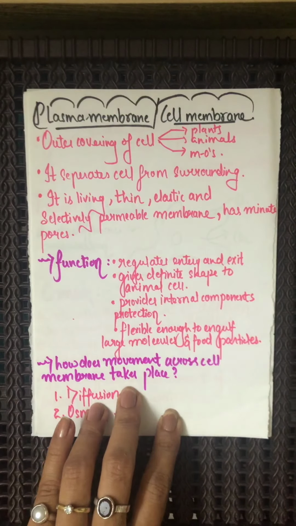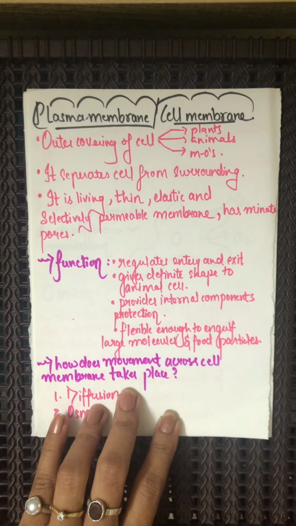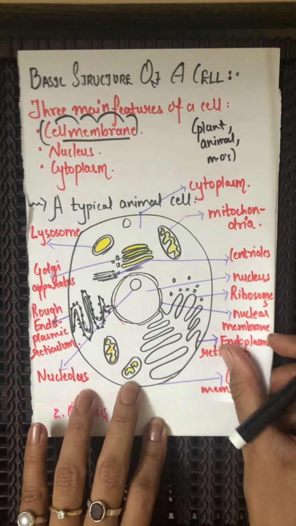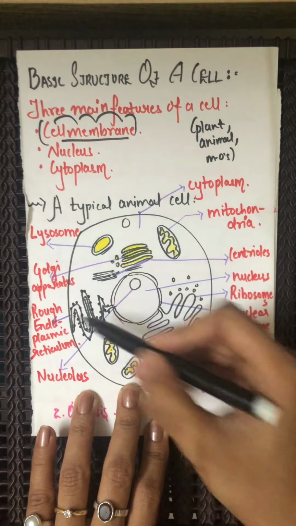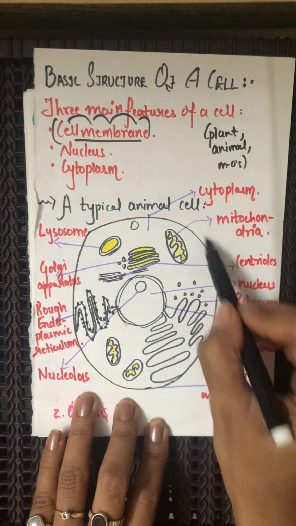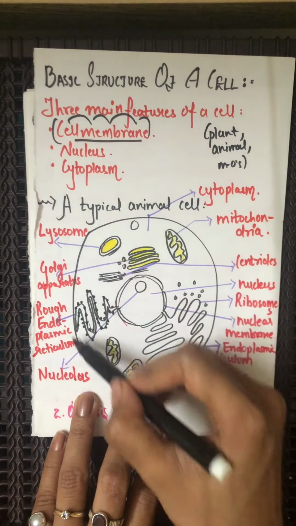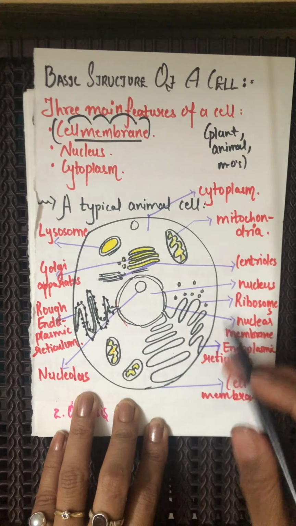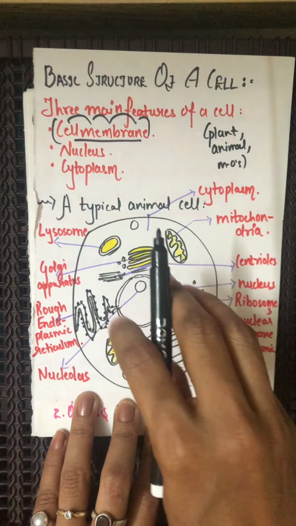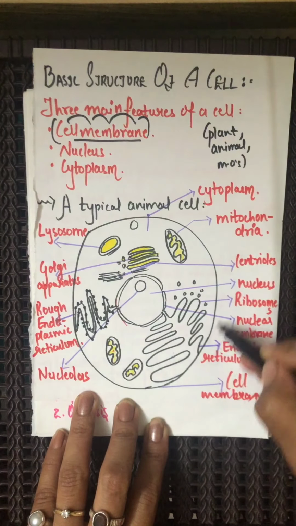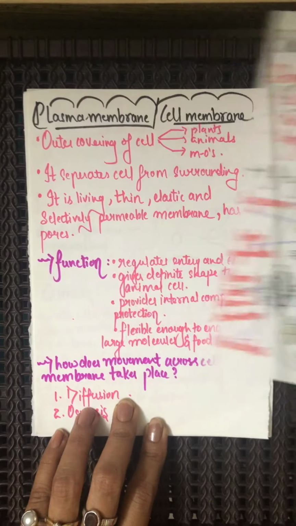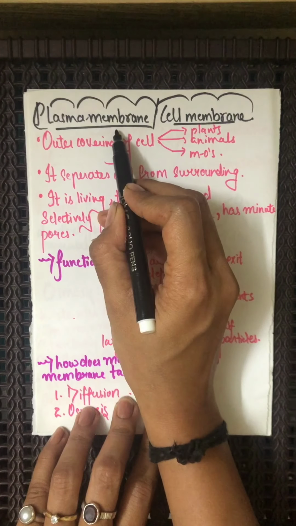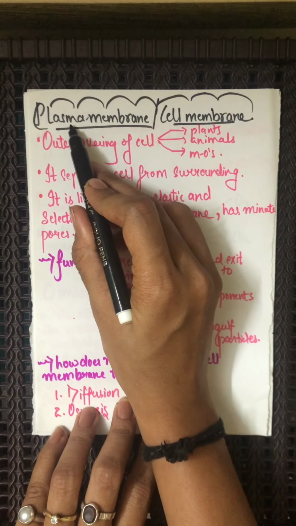Because it is surrounding the plasma which is there inside the cell, and therefore it is termed to be as the plasma membrane, a membrane which surrounds the plasma.